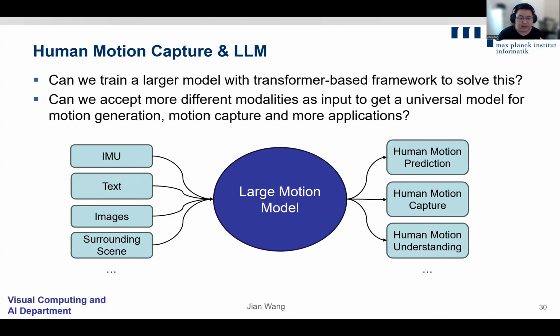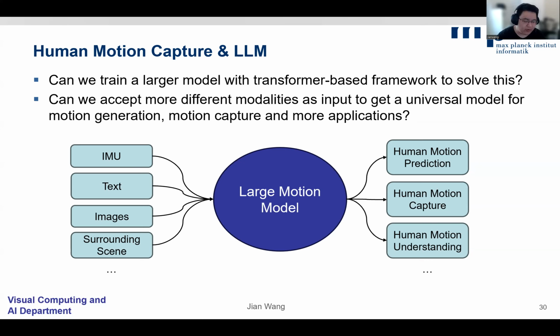By using such large language models or large vision language models, we can leverage more modalities than simply text and images. We can, for example, use IMUs and the surrounding environments, and we can get more outputs than only single-view 3D body poses. We can do human motion prediction, human motion high-level understanding, human motion capture, and so on.